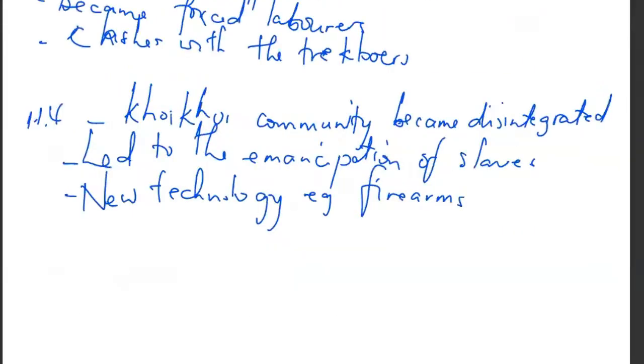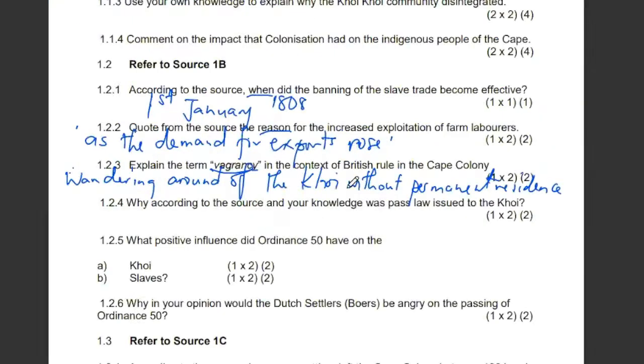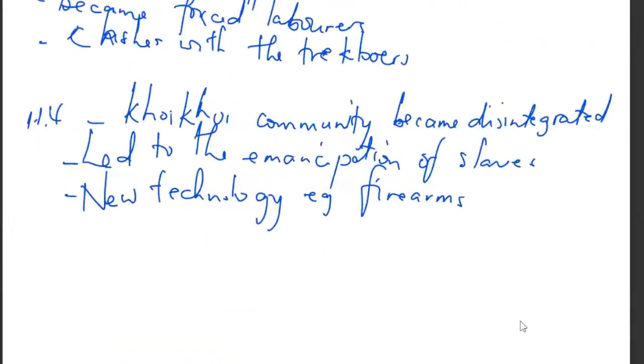So we can try to figure out why the officials introduced the pass laws. That is question 1.2.4.